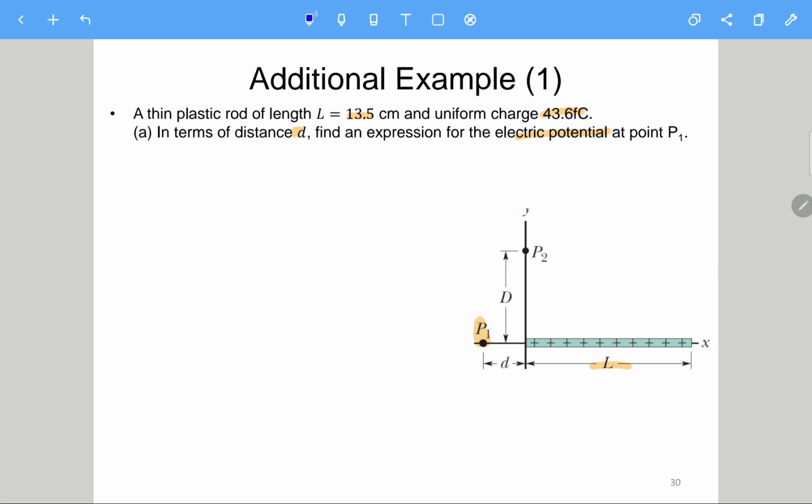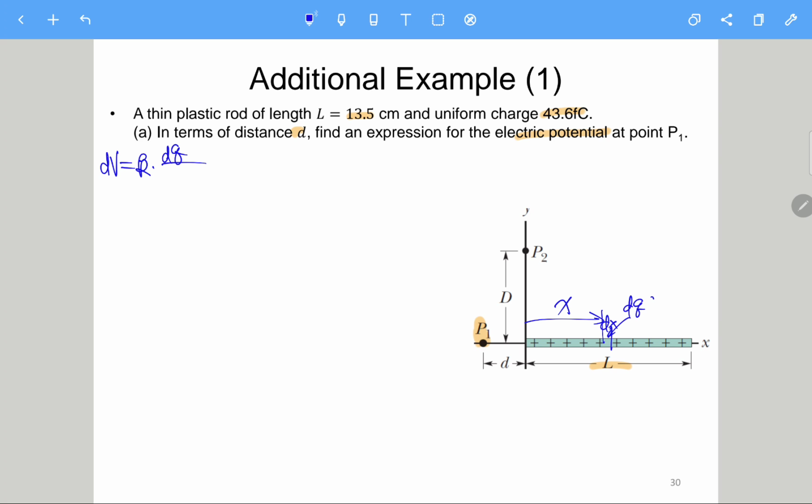So here we write dV equals k times dQ over, so suppose this one is x, and then this is dx, within it is the dq.